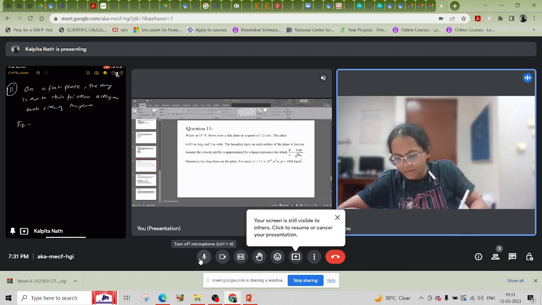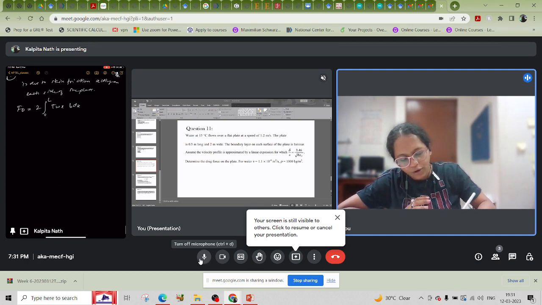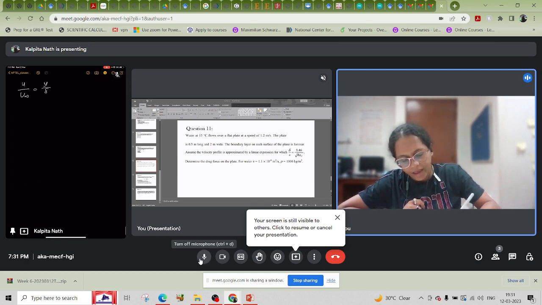So drag force is twice because for both sides of the plate we need to calculate the integral of tau w b dx. For linear profile, it is said the profile is linear, so u by u infinity is equal to y by delta. And tau w is equal to mu del u by del y at y equal to 0.